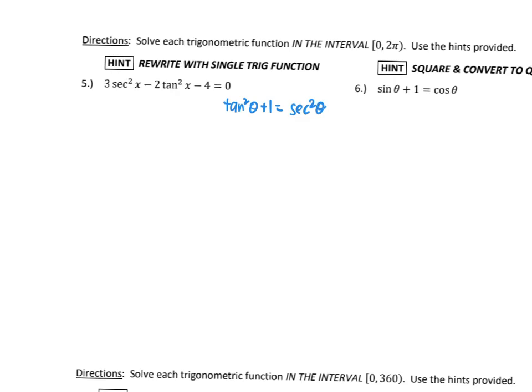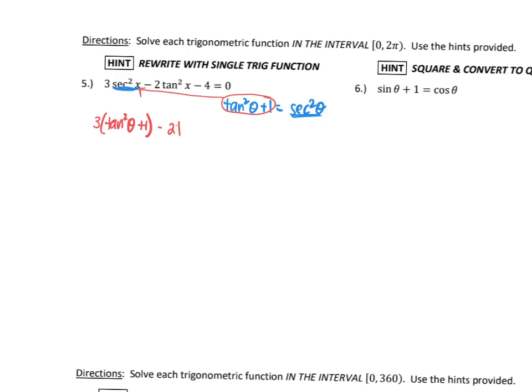Okay, so since we have a secant squared theta here, I'm just going to rewrite it as tangent squared theta plus 1. So instead of 3 times secant squared, I'm going to write 3 times tangent squared theta plus 1.